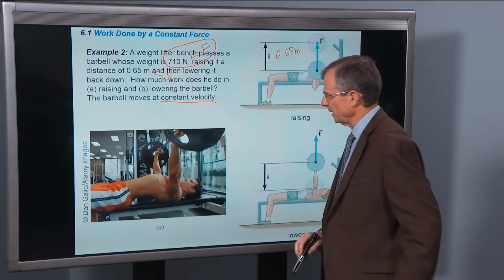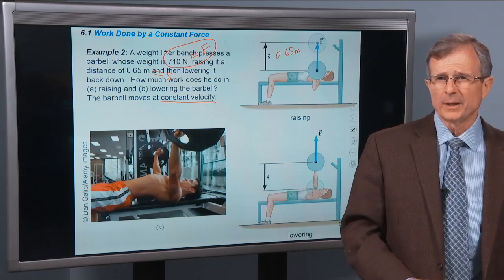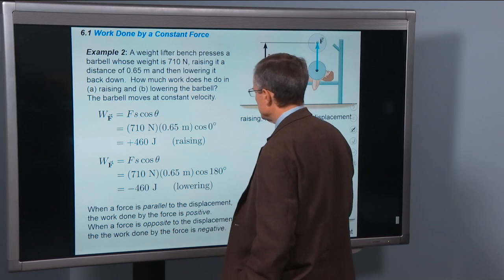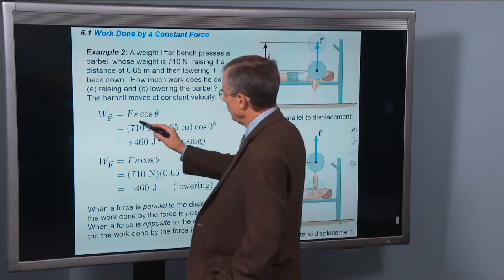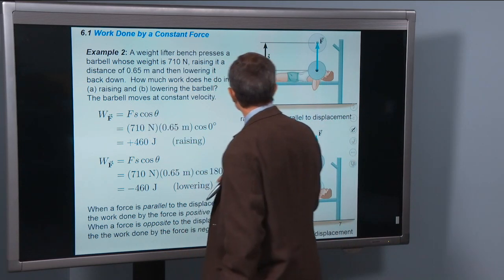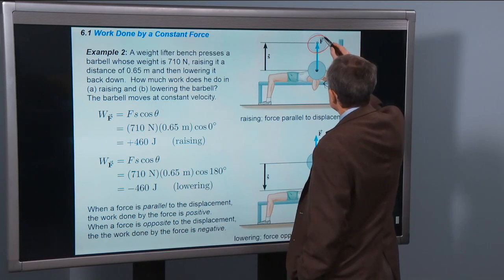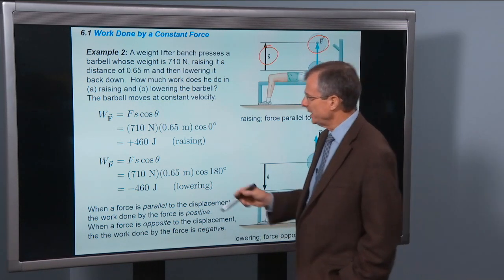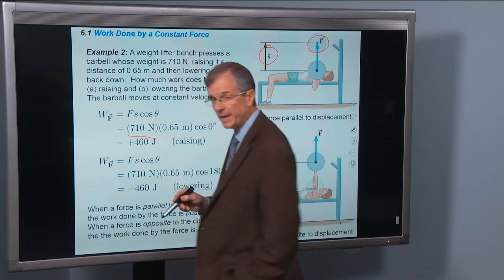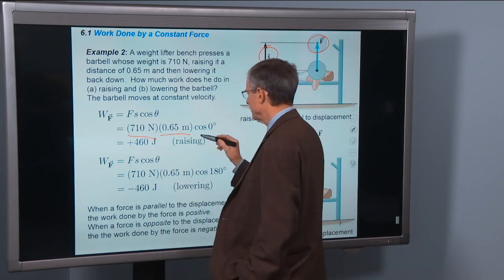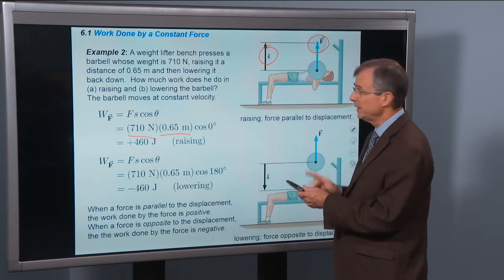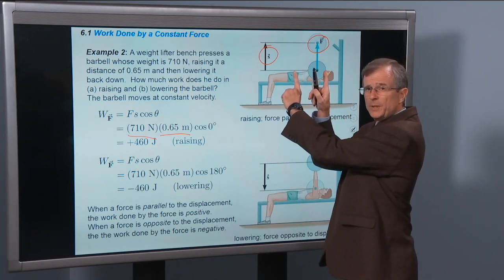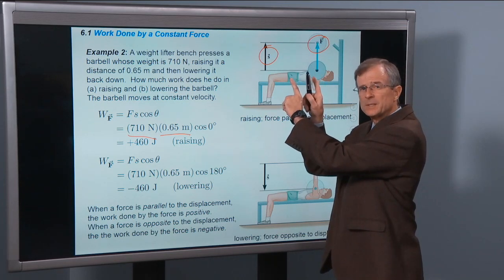Well, let's do the calculation, and this is it. For raising, we want to do Fs cosine theta. Here's F, it's upward. Here's S, it's upward. We need F, that's the magnitude, S is the distance, and we need the angle between F and S. What's the angle between those two when they're placed tail to tail?